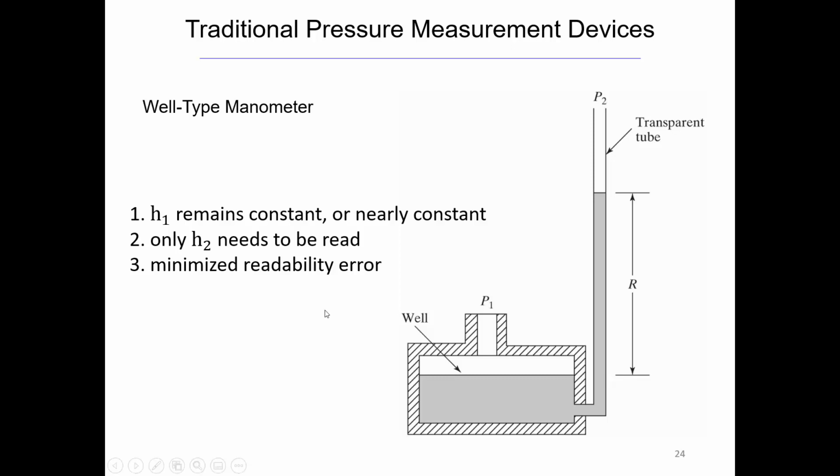Because of the configuration, we have this much larger area over here, so H1 remains constant or nearly constant. We're not getting nearly the change in height over here as we do in the capillary on this side. Because of that, only H2 needs to be read. And that minimizes readability error. So we reduce the error some using a well-type manometer.